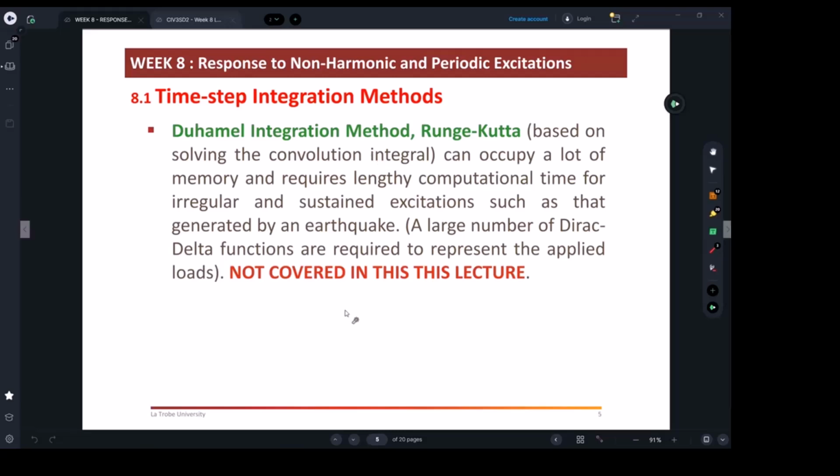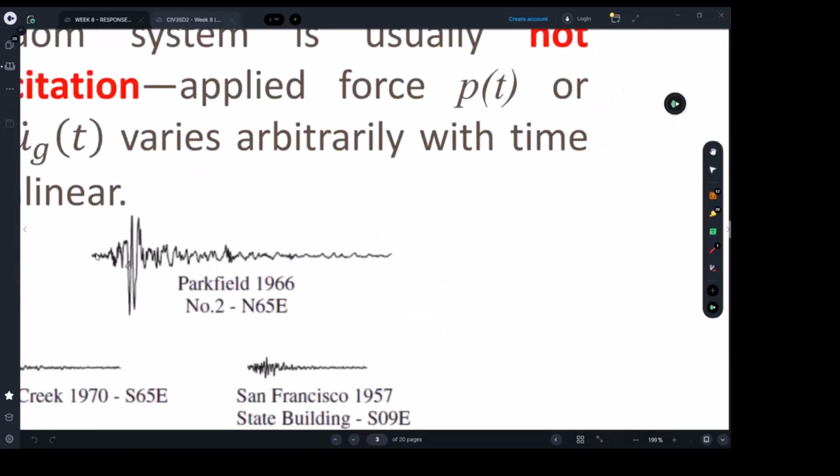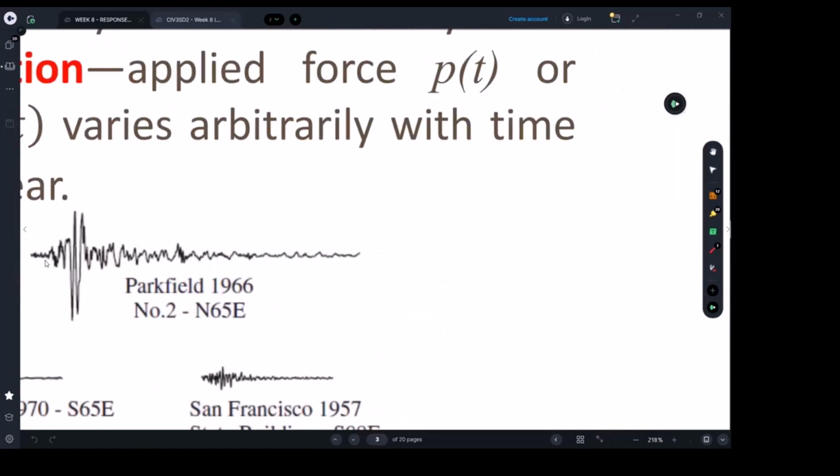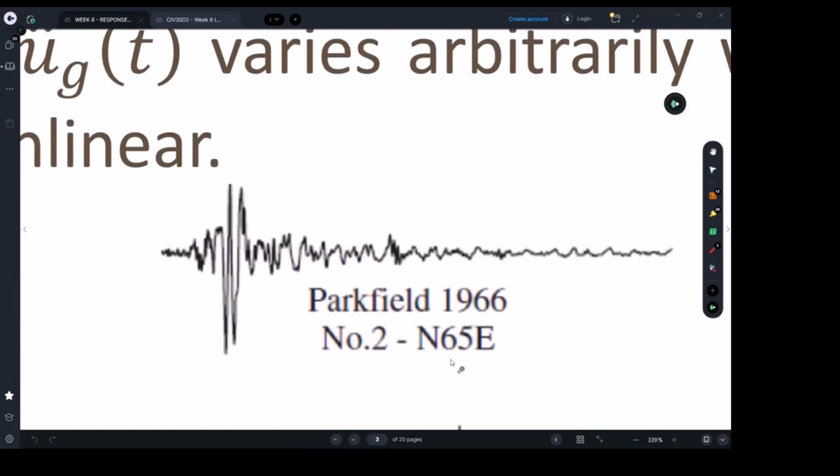Now, there is a process that engineers use where they focus on, I'm just trying to zoom into one of those ground motions.